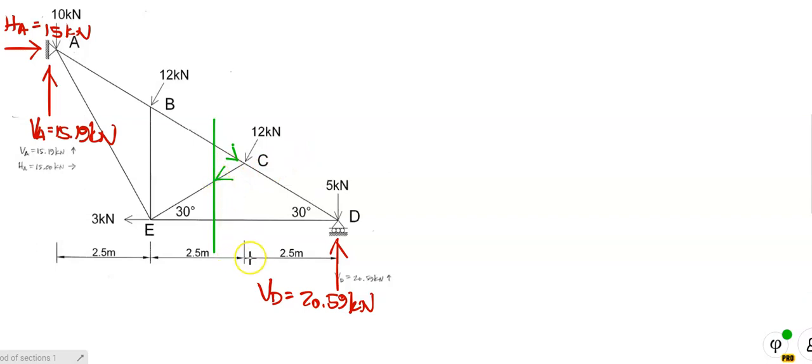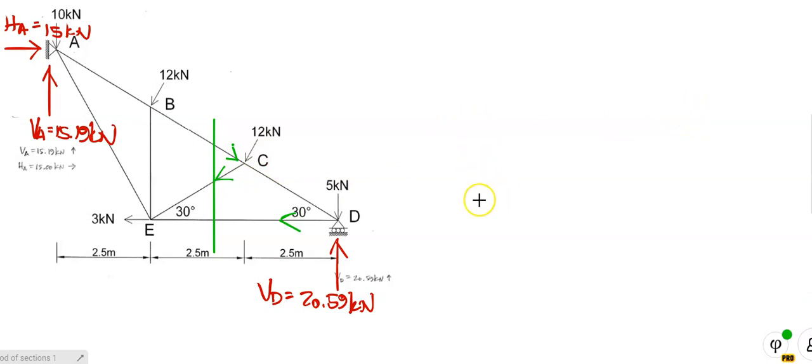And I'm going to consider ED to also be in tension. So notice there, I've considered only forces to the right side of that cut line there.